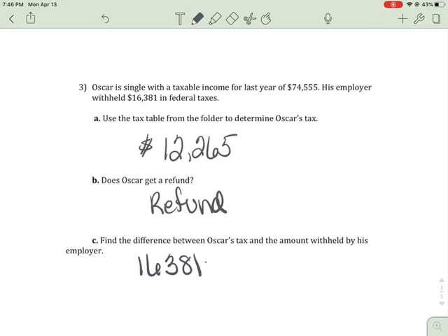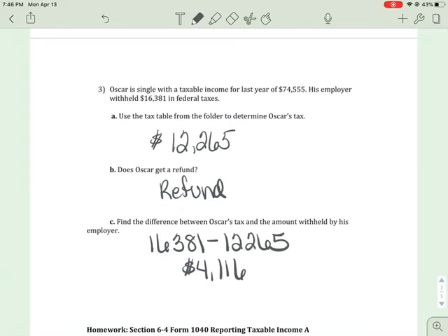So 16,381 minus 12,265. The difference I have is $4,116. So it looks like Oscar's going to get a pretty good refund.